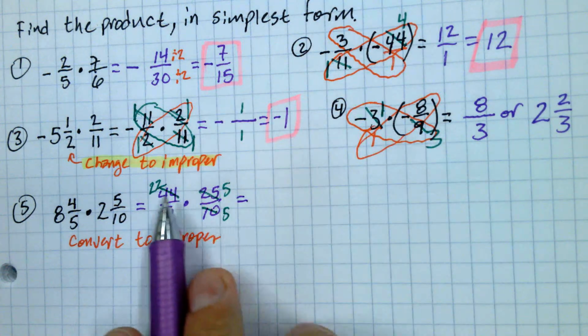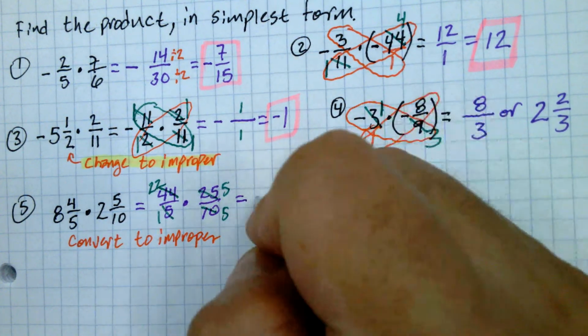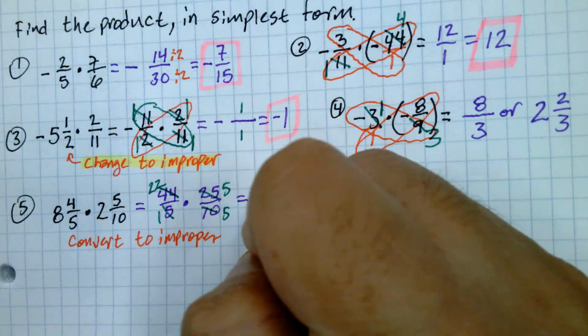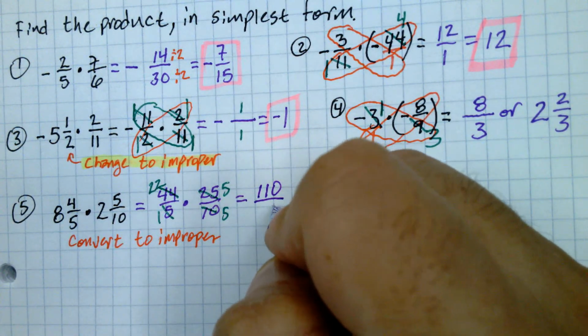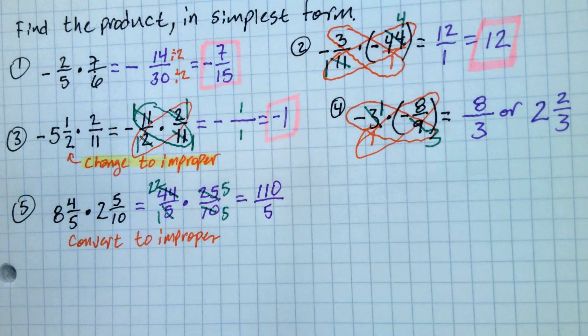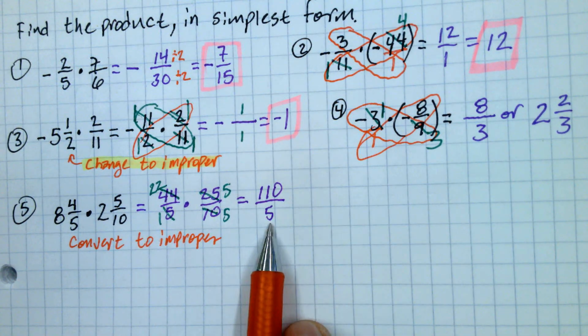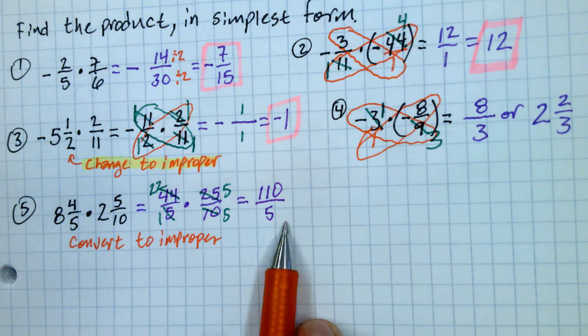And so 22 times 5 is what, 110? Divided by 5. Guess what? We still have to do one last thing. Divided by, well, does 5 go into, does 2 go into 5?